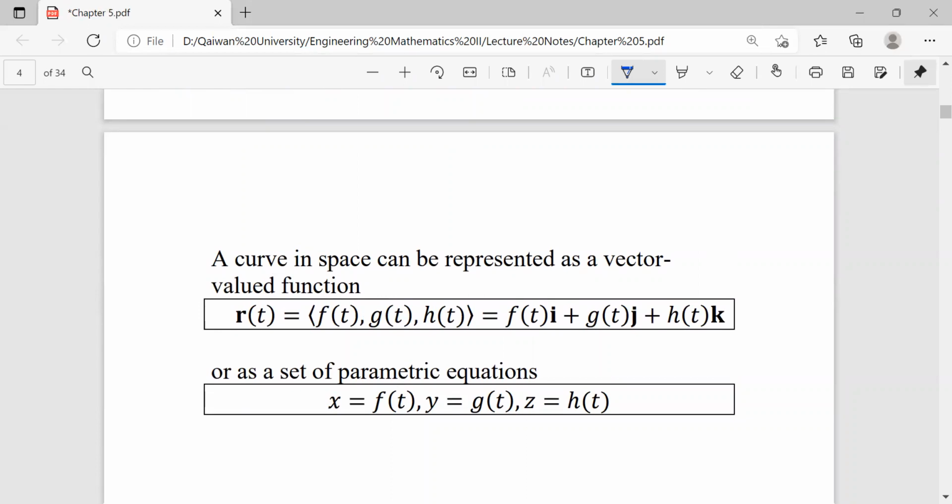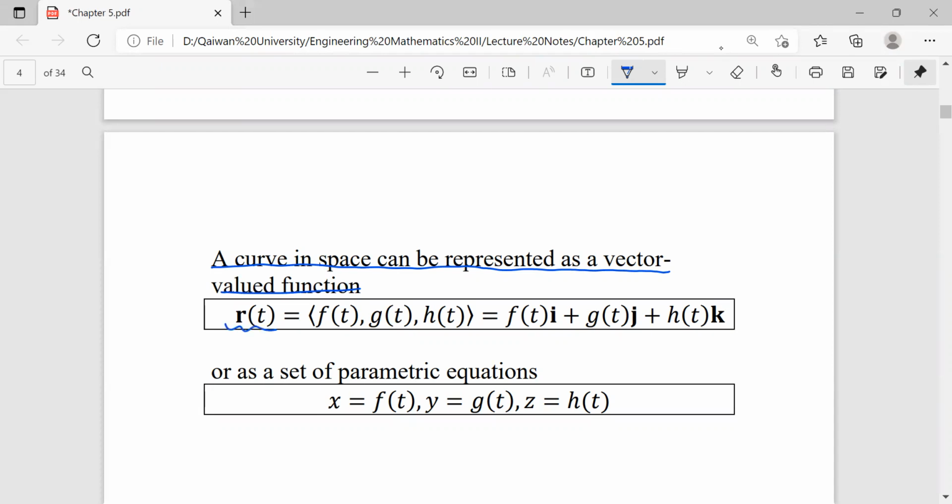Then we say a curve in space can be represented as a vector valued function.